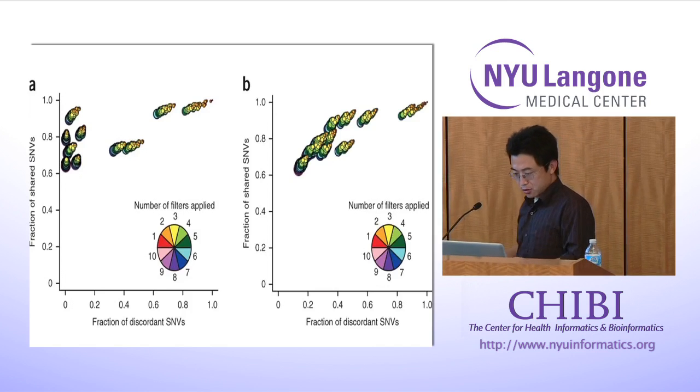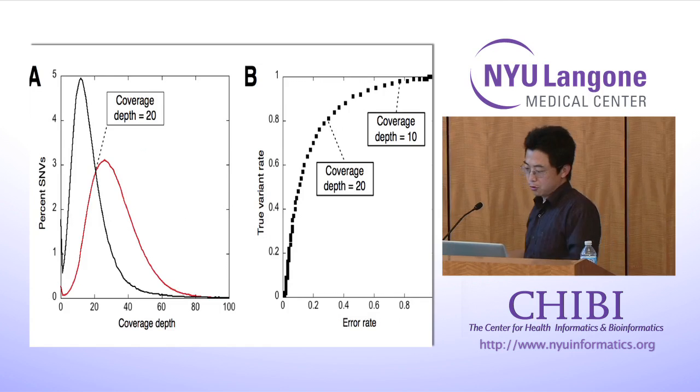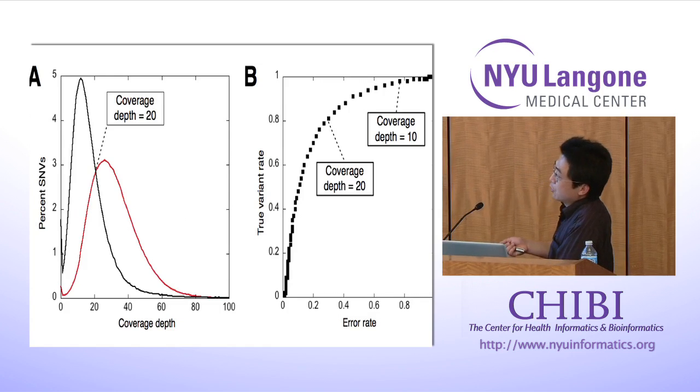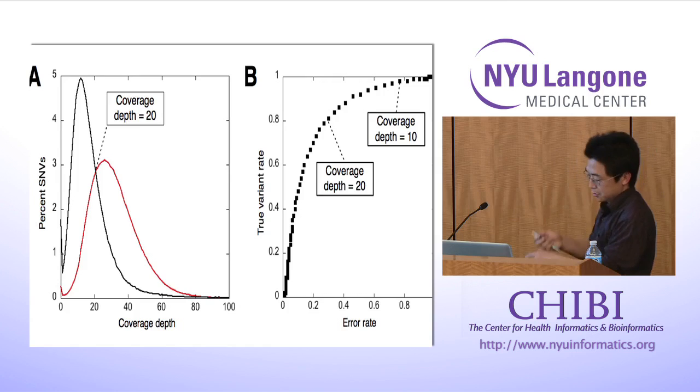So there's actually quantitative analysis to determine what's the optimal value for each filter. So for the coverage, you can see in the plot that at a depth of 20, you will have relatively more concordant calls and fewer discordant calls.